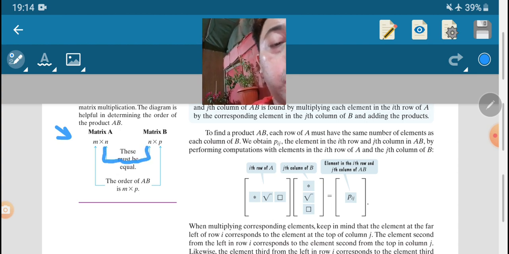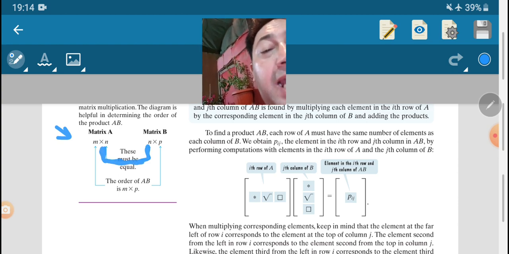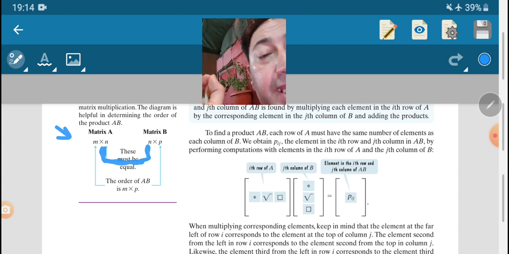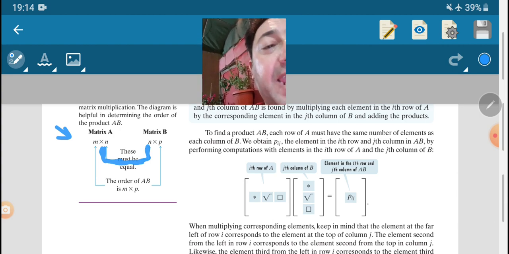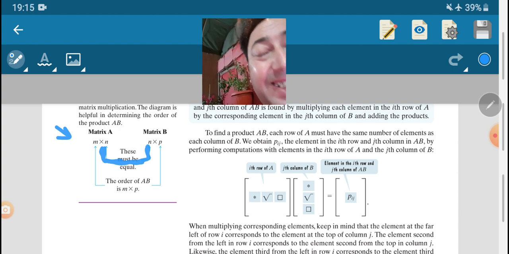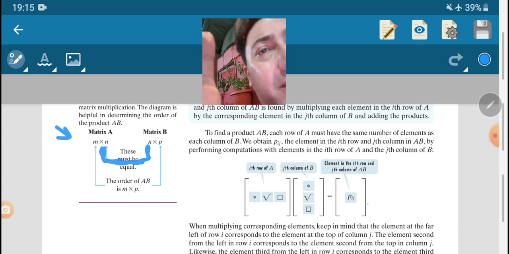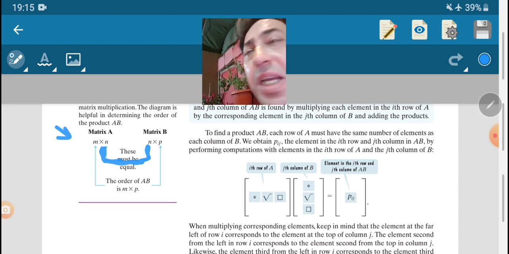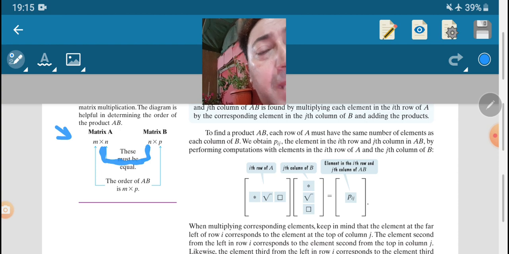these two numbers indicate whether we can multiply the two matrices or not. Yes, we can multiply some matrices, and we cannot multiply others.